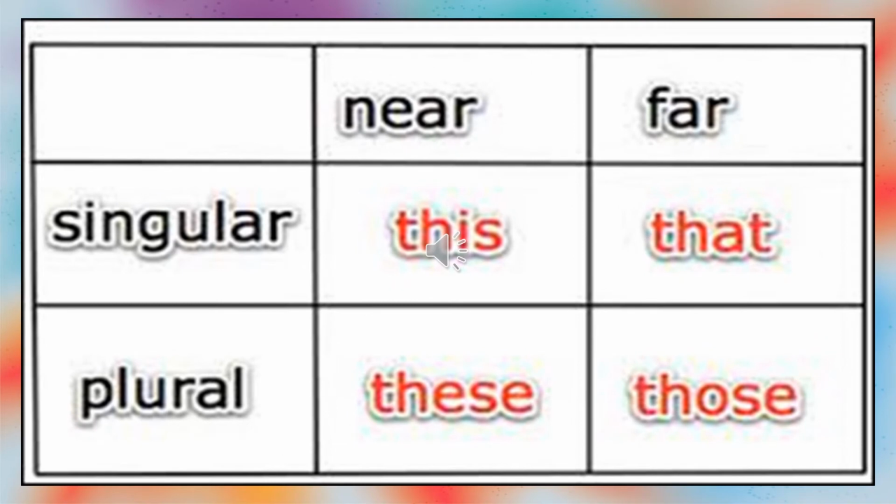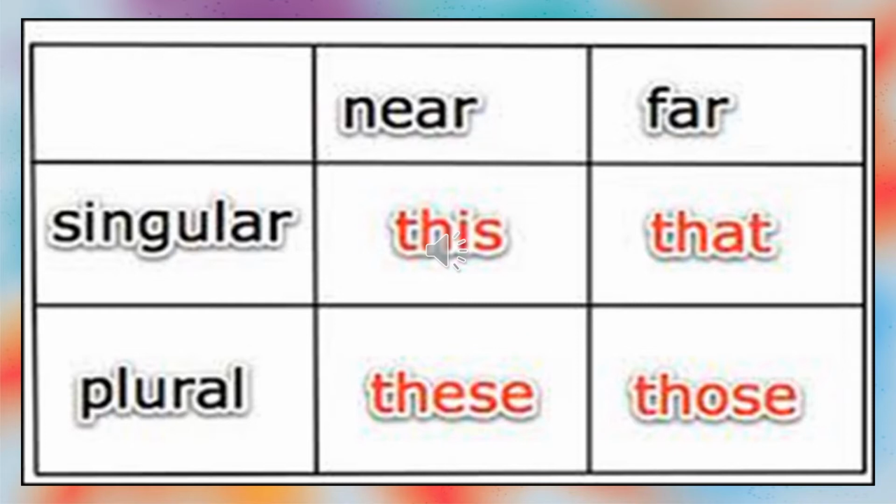So what have we understood from this? That for a singular near object we use this. For a singular far away object we use that. For a plural closer or near object we use these. And for plural far away or distant objects, or things which are away from us, we use those.